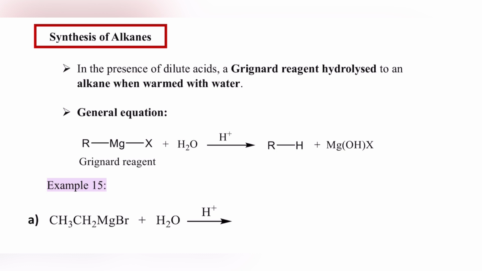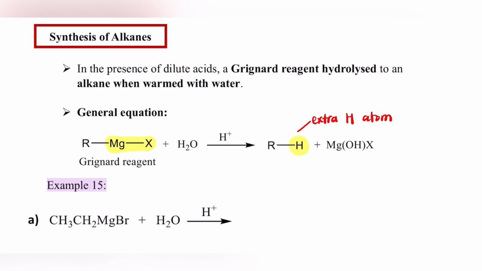So for this one, what you will do, you are going to add one hydrogen attached to the alkyl group. As you see here, this one is going to detach and you will add one extra hydrogen. So I'm going to start example 15a. You have this one.